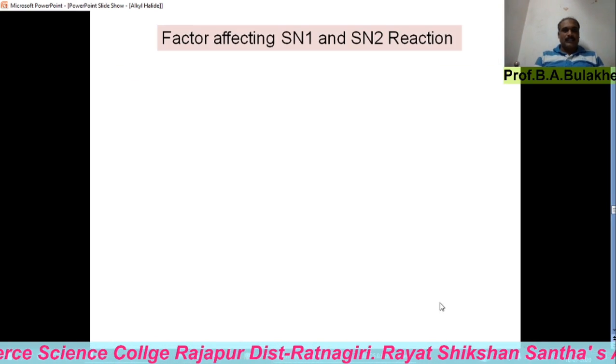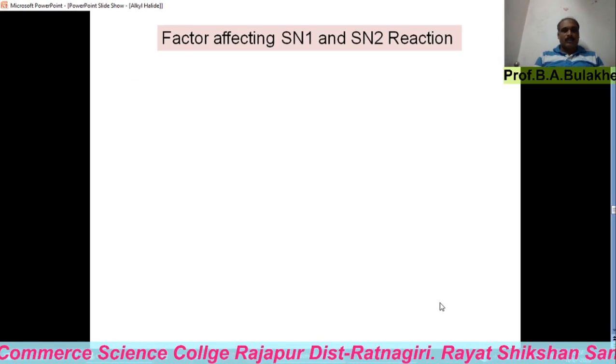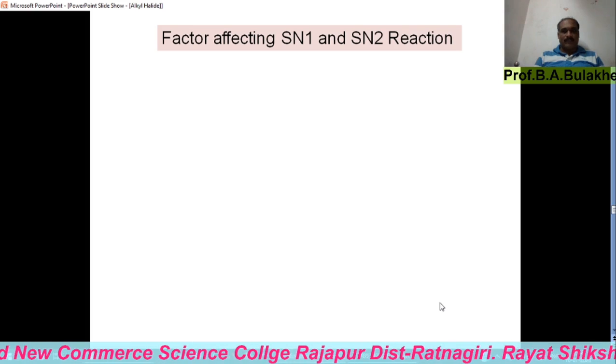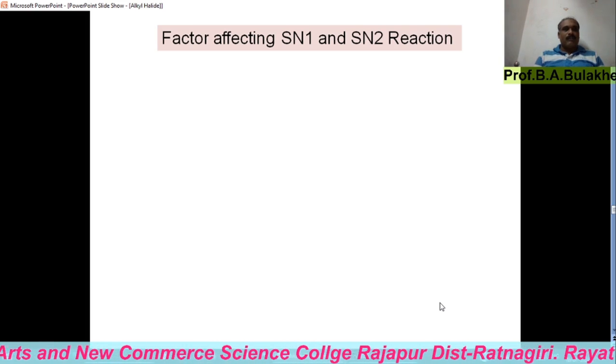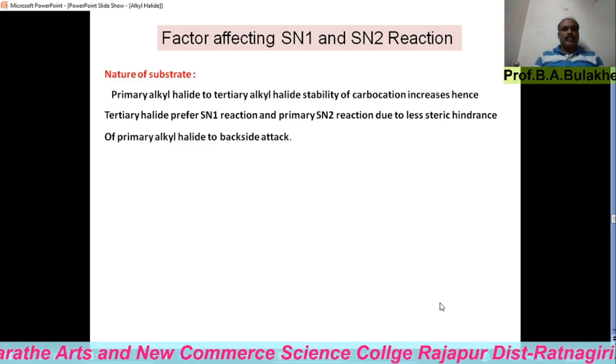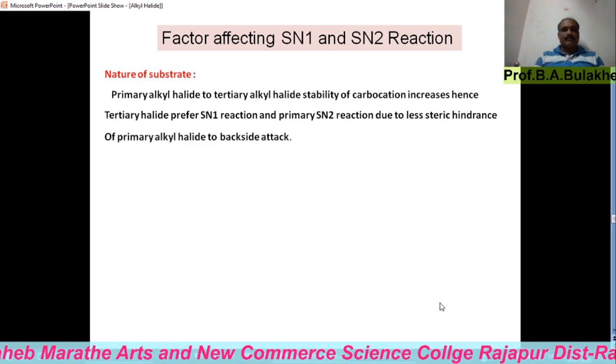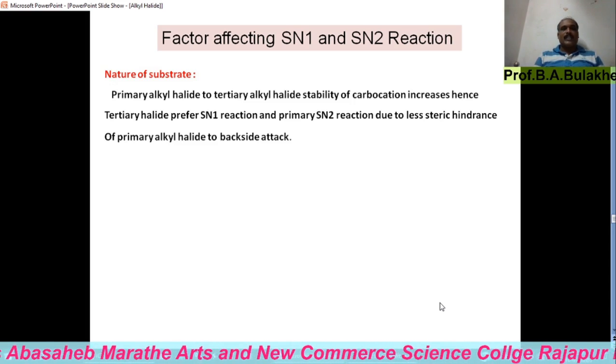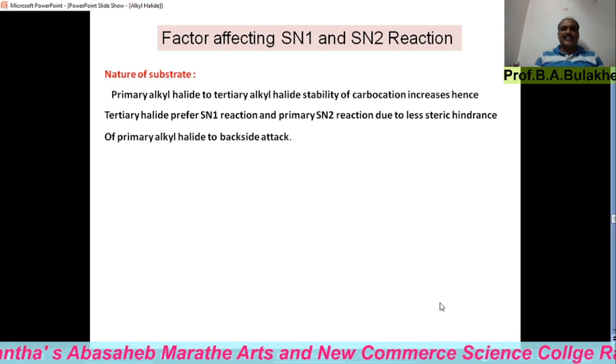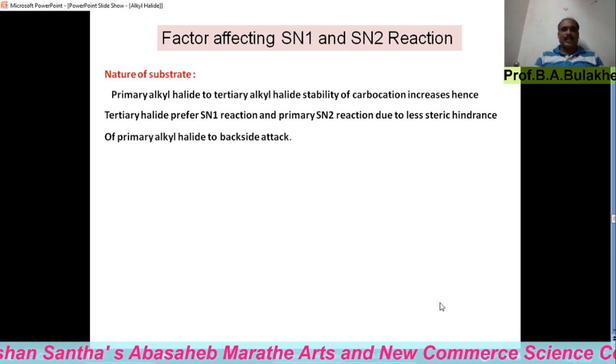This is the difference. Next we are going to the factors affecting SN1 and SN2 reaction. The first factor is the nature of the substrate. Which type of substrate is favored to increase the SN1 and SN2 reaction?